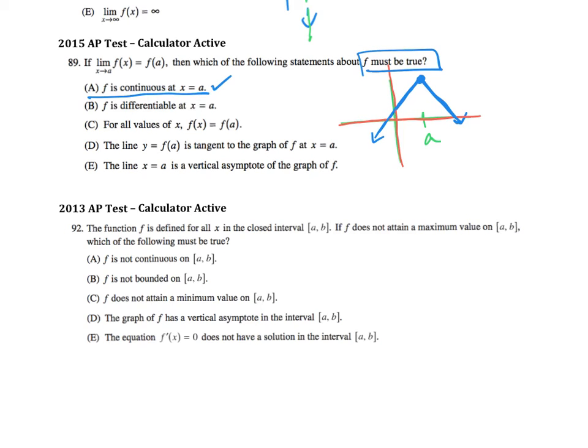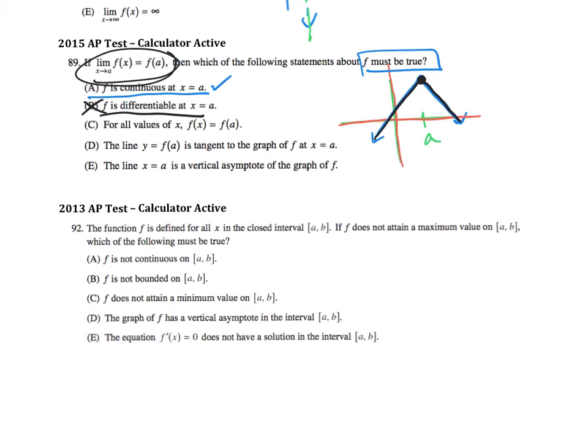Ooh, and which one must be true? I'm leaning toward A. Does it have to be differentiable? Oh, well, look what I did. I chose a cusp or a corner there just to be a little ornery. That is not differentiable at a, but it still fits this requirement that the limit equals the value of the function.